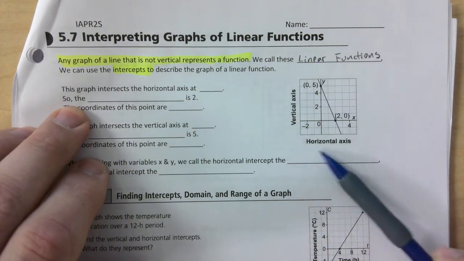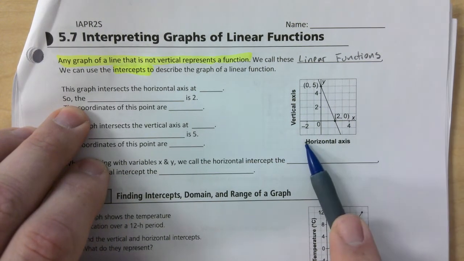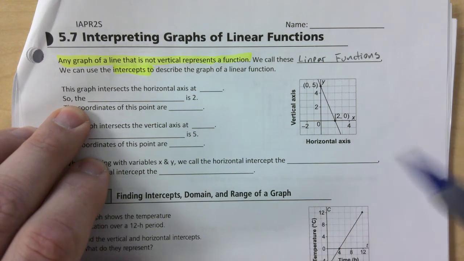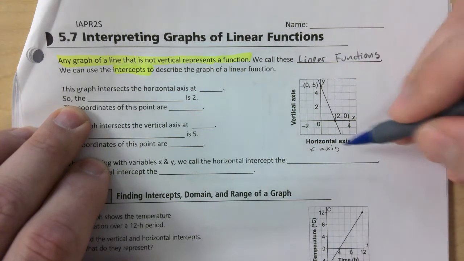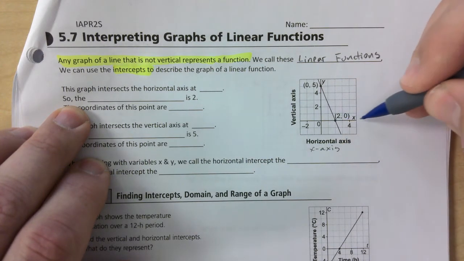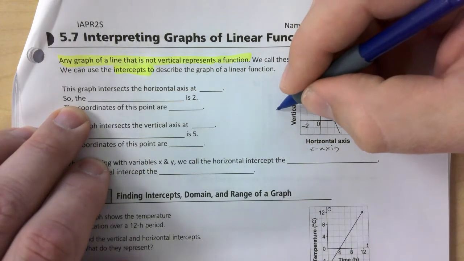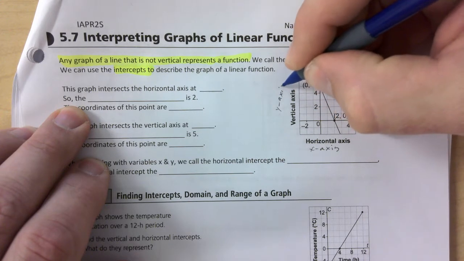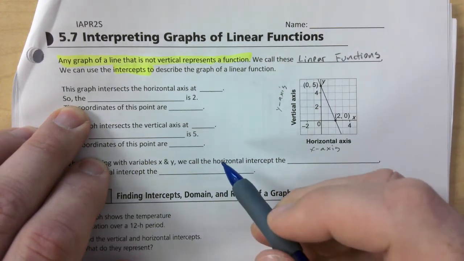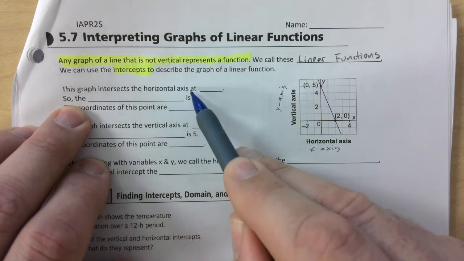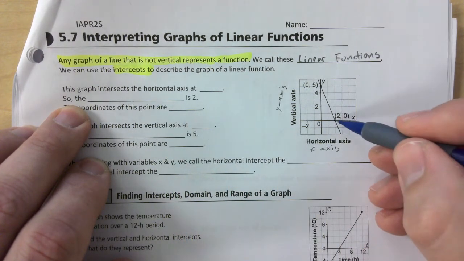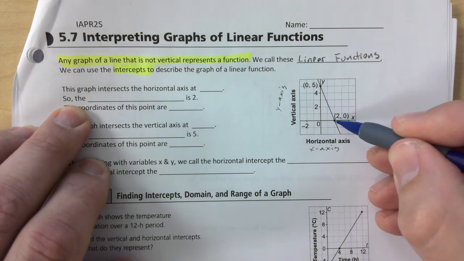So we're looking at this graph right here, and you have what we call the horizontal axis or the x-axis, right? Also, the independent variable is along the x, and this is the y-axis, right? No news there. So this graph intersects the horizontal axis at 2, right?